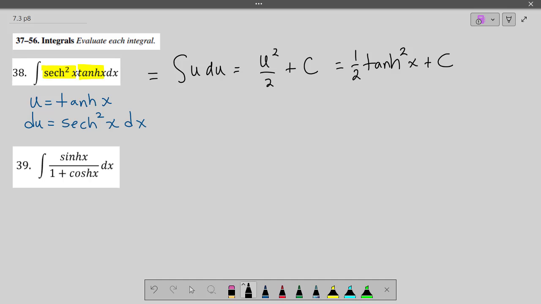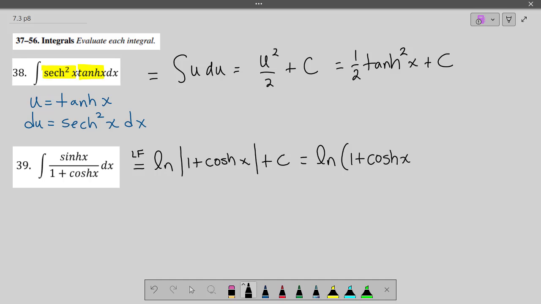It's immediate. It's in log form, so we could have just jumped right to natural log of absolute value of the denominator. And then, if we're observant, we realize that the argument of this natural log is never negative. So we don't need those absolute value bars. So we could cut to the chase pretty fast.